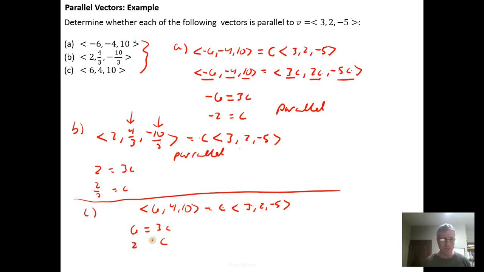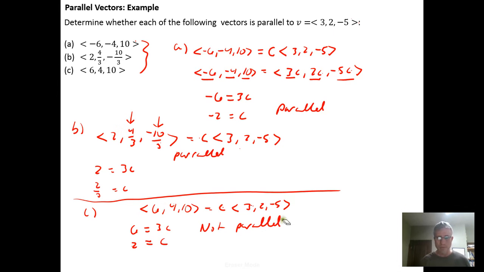But then we need to check and make sure it works for all of the other components. So does 2 times 2 equal 4? Yes, it does. Does 2 times -5 equal 10? No. 2 times -5 equals -10, which does not equal 10. So no value of c exists so that we can scale this vector to be the same as this vector. So this one is not parallel because no such c exists.